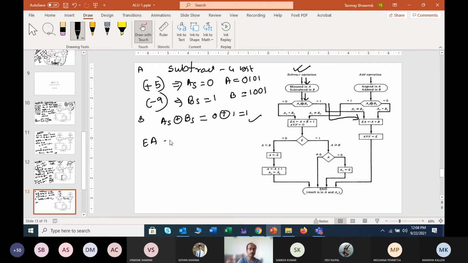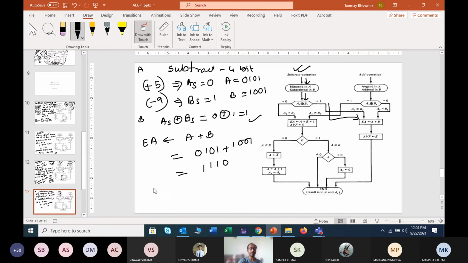So you will simply perform the addition between A and B. How will it be performed? A will store the addition result of A and B, that is 0, 1, 0, 1 plus 1, 0, 0, 1. It should be 1, 1, 1, 0.